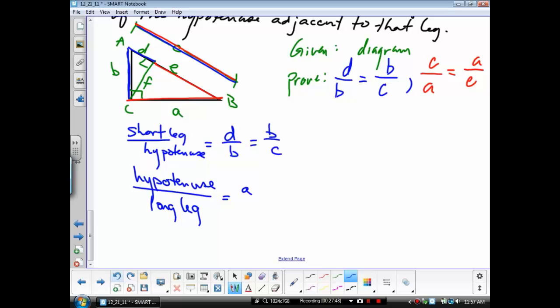And that would be A to E. I should move that over because that actually ends up being the second piece to this proportion. If we look at the original right triangle, the red is also C and A, hypotenuse and long leg of the original right triangle.